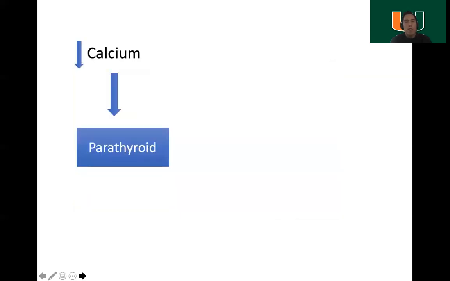So let's review calcium homeostasis. When the calcium in the blood decreases, it stimulates the parathyroid to secrete parathyroid hormone, or PTH. What does PTH do? It has 3 major effects.